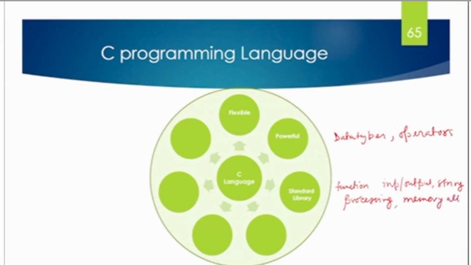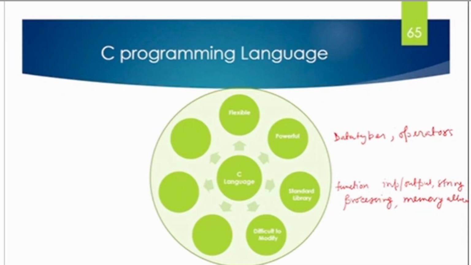Okay. Now the next point is difficult to modify. Now this is a negative point for the C language. A large program written in C is very difficult to modify if it has not been designed with a proper maintenance plan.